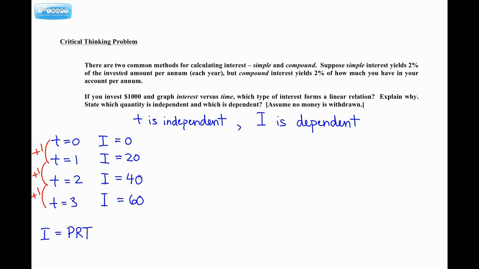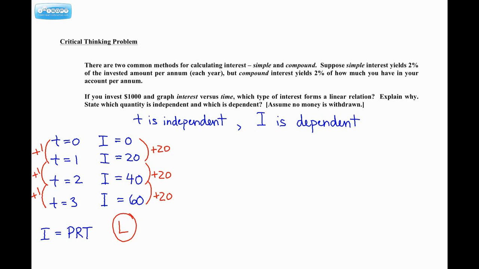And here, notice how the amount of interest we had always increased by $20. So for every year, our interest earned increases by the same amount. This is linear. So if I were to create a graph and label it beautifully and use a color printer, or however glamorous you want to make it, a straight line would be shown.